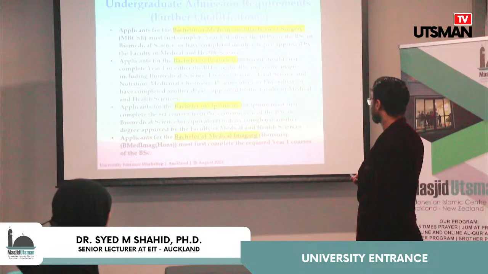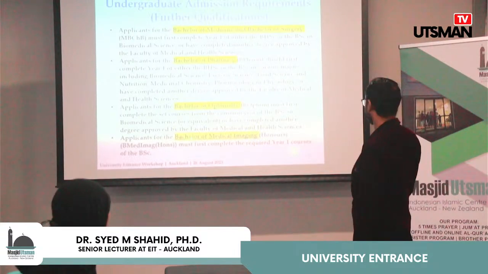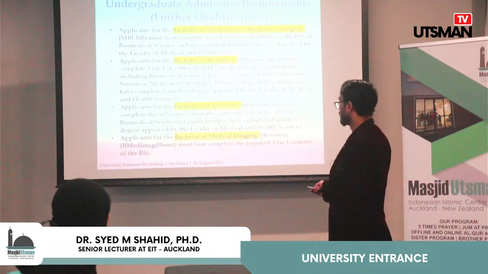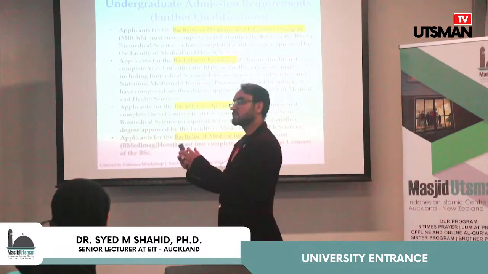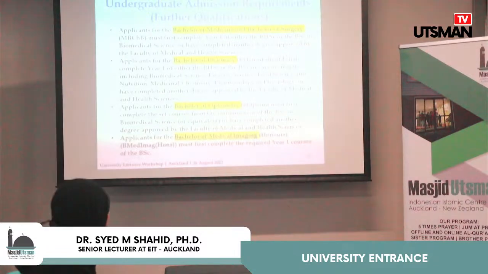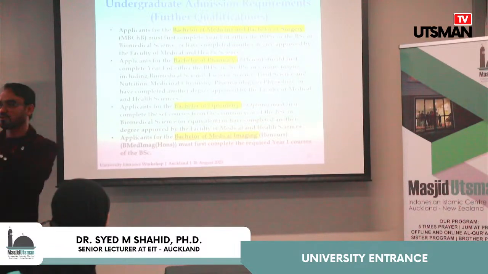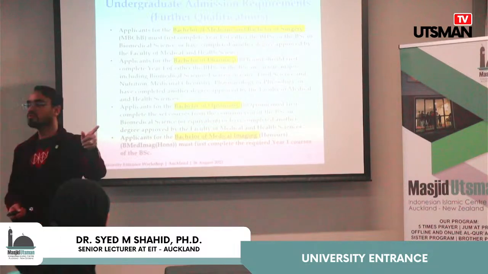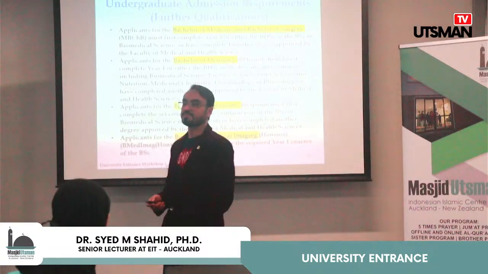For Bachelor of Optometry, a student needs to complete this qualification. For Bachelor of Medical Imaging, they need to complete the required 1 year course in Bachelor of Science. So these are highly specialized degree programs. It's not that you just complete Bachelor of Science or Bachelor of Biomedical Science and you will get into Bachelor of Medicine or Bachelor of Surgery. No. First you need to study 1 year in Bachelor of Science or Bachelor of Health Science if you want to get into Bachelor of Medicine or Bachelor of Surgery.